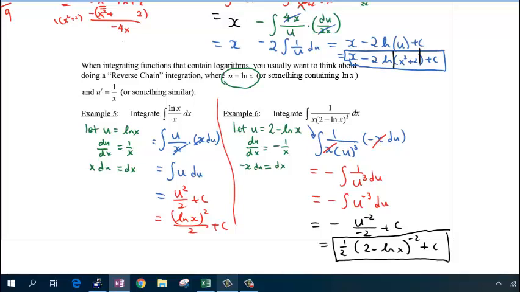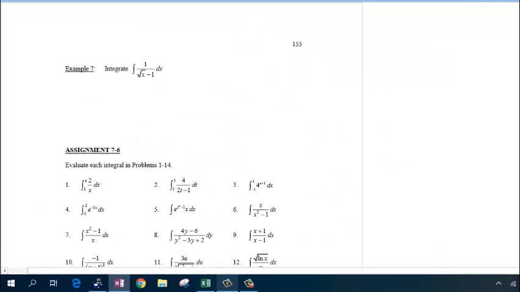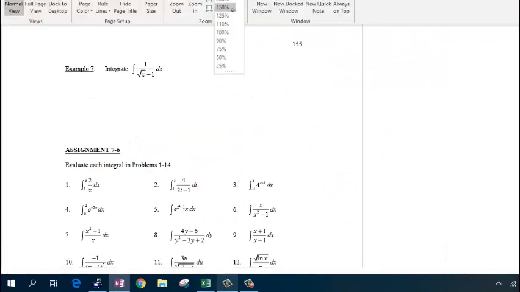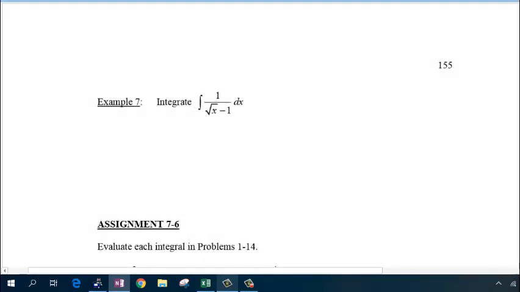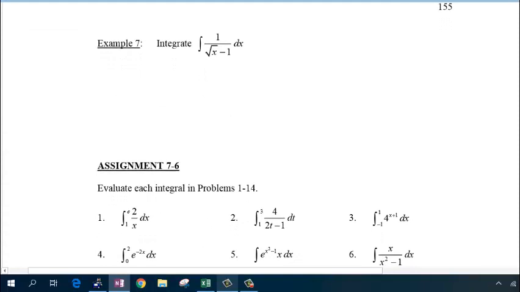Alright, one last one that I will do with you, and then it's time for you to do some practice again. How do we even start this one here? If you're thinking, maybe I'll let u equal the entire denominator, sure, try that.